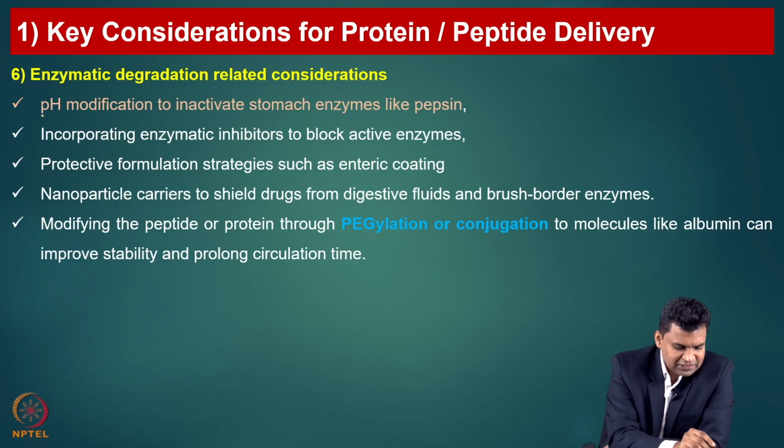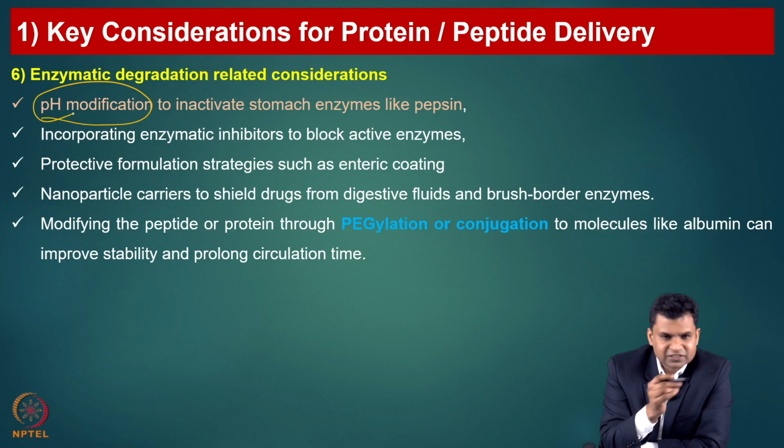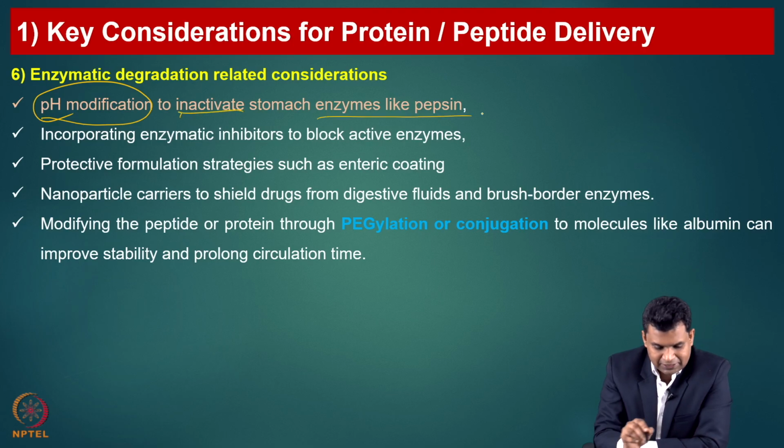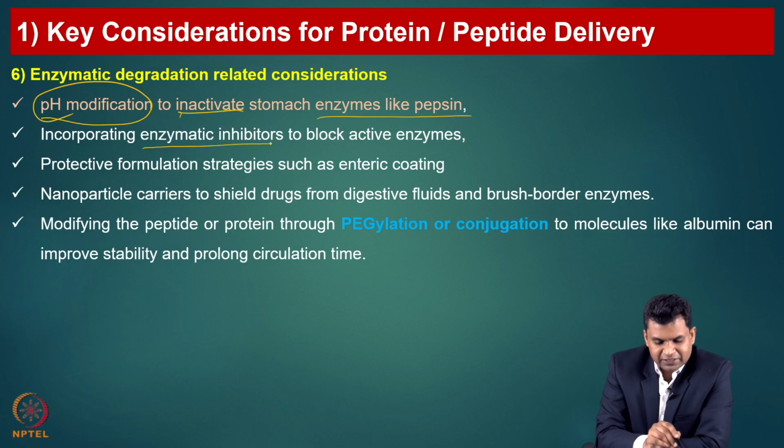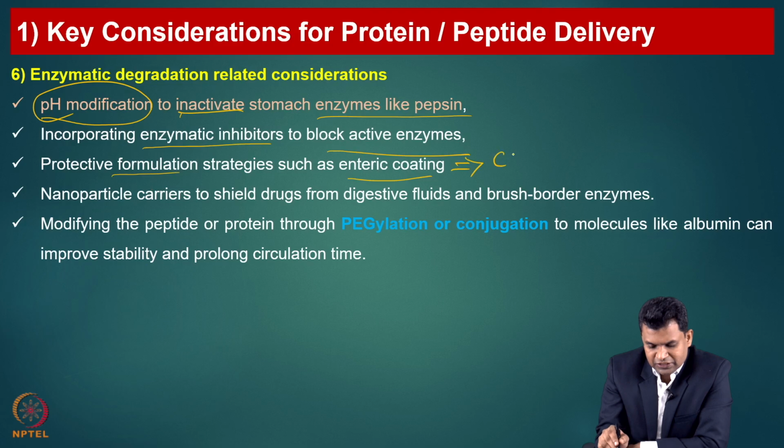So, the first consideration is pH modification, as I mentioned, we can inactivate stomach enzymes like pepsin. Also we can incorporate enzymatic inhibitors, which will block the enzymes, and protective formulations like enteric coating. There we can use cellulose acetate phthalate.